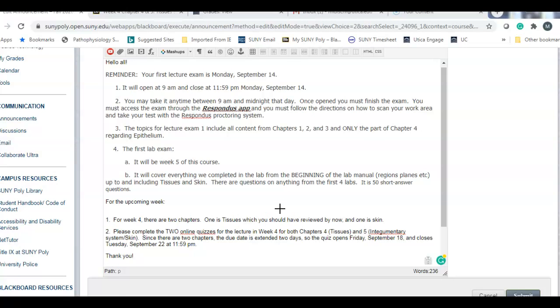So lab, please, guys, keep in mind it's anything from the first few labs. Okay, so the beginning of the lab manual up into, I believe it's page 42, the end of skin, okay? Those regions, planes, things like that are absolutely on the exam, and I find those to be, I hazard to say, easy points. And some people don't study that first lab, so please make sure you study it, okay?